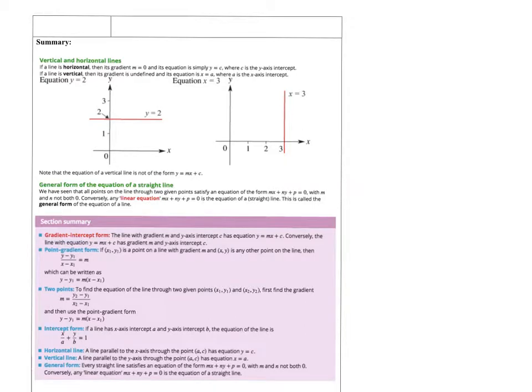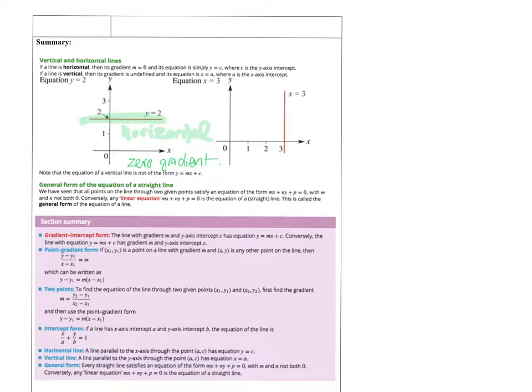To go over these last little things, you've got vertical and horizontal lines. This one is a horizontal line, and the horizontal line has a 0 gradient. So when it's flat like that, that's 0 gradient.